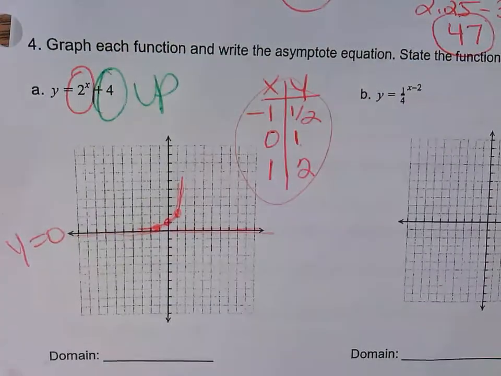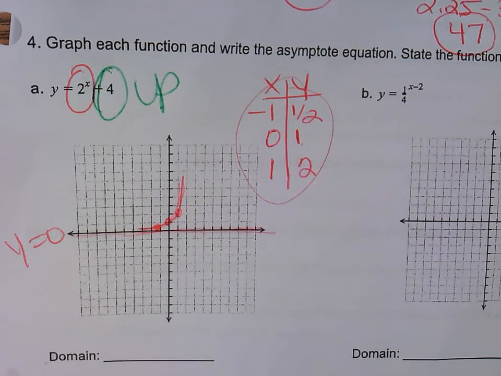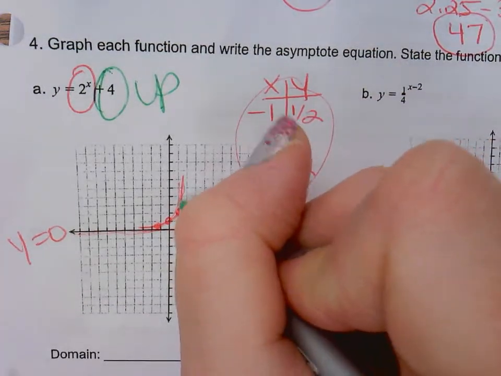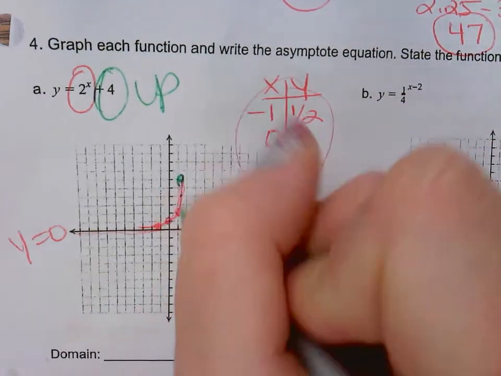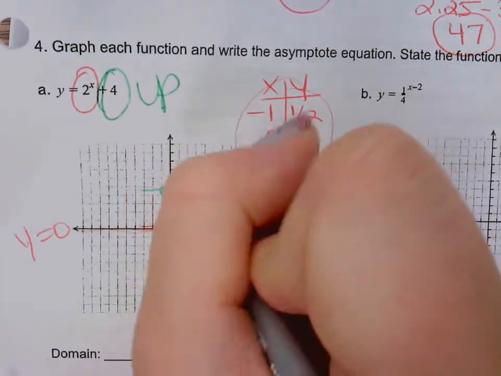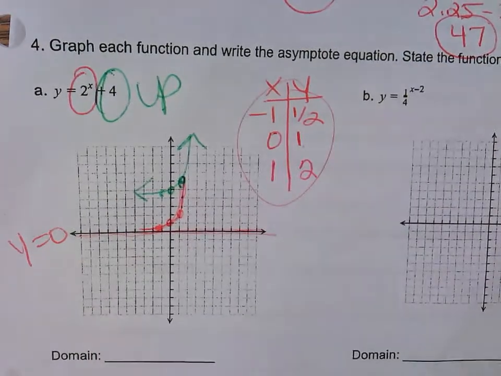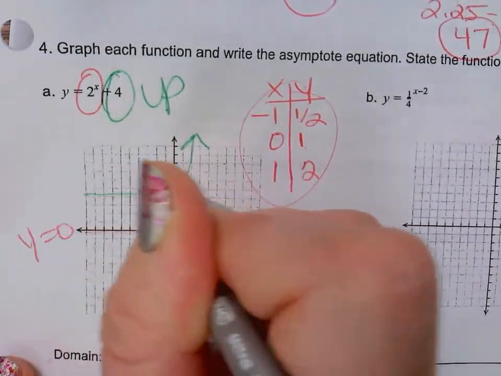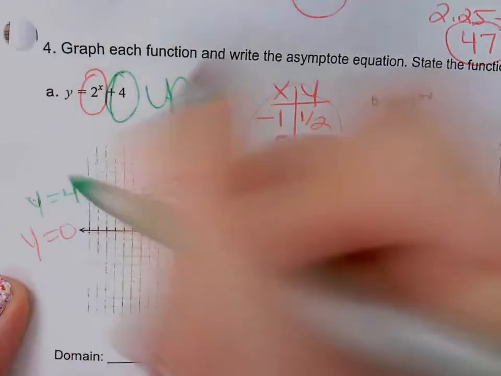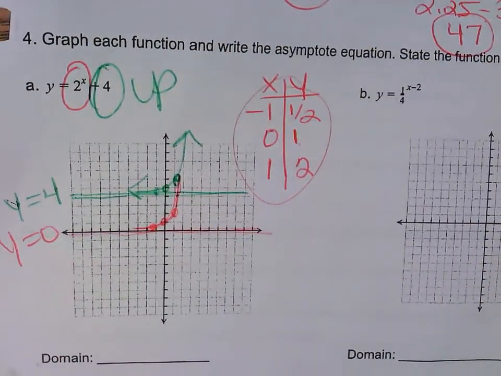You're right if it had been x plus 4, but if it's a big plus 4, the whole thing is getting shifted up. So up 1, 2, 3, 4. Just move all of your points up 4. Your whole graph should shift up 4, and so should your asymptote. So your asymptote should now be at y equals 4, and that's going to affect your domain and your range.